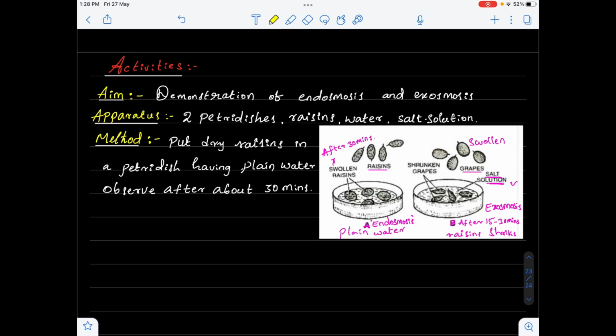The next step in this activity is observation. The raisins swell up due to endosmosis. The raisins placed in plain water swell up after 30 minutes due to endosmosis.